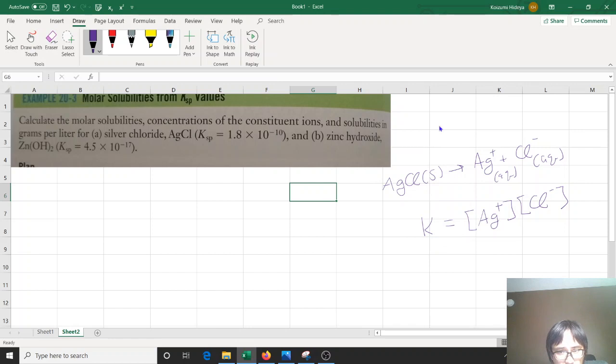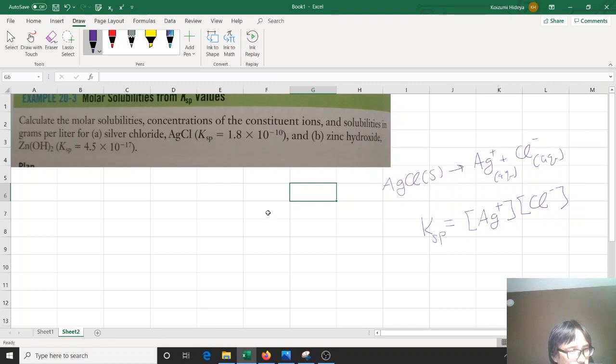And this reaction, by the way, is a solubility product, so we have Ksp as a subscript, and this value is 1.8 times 10 to the negative 10.